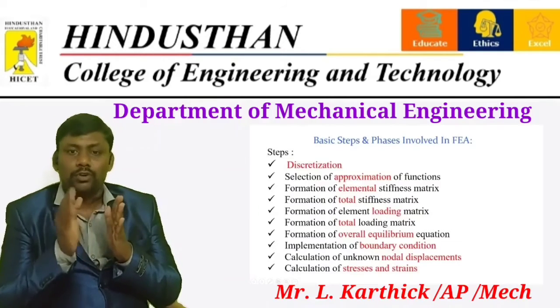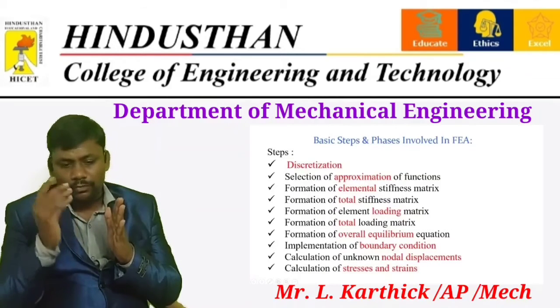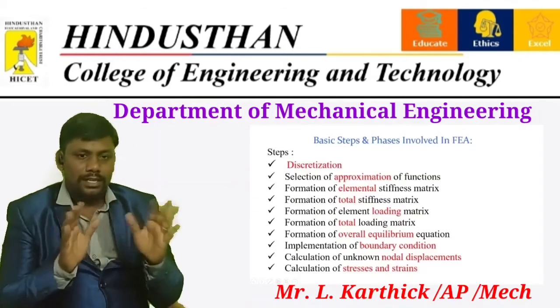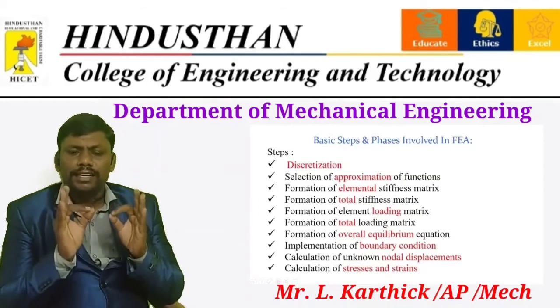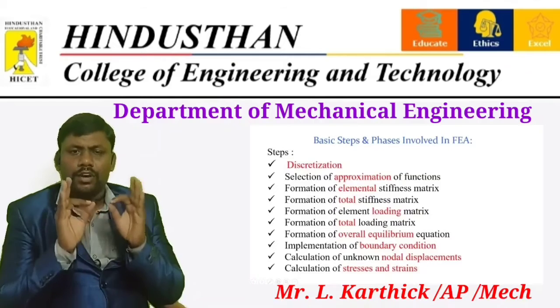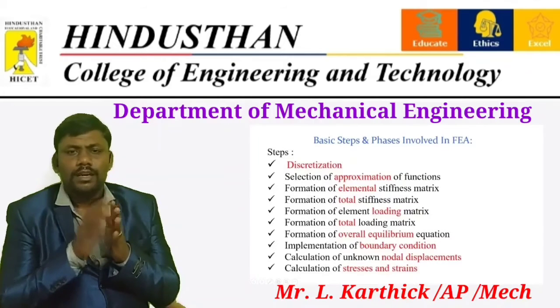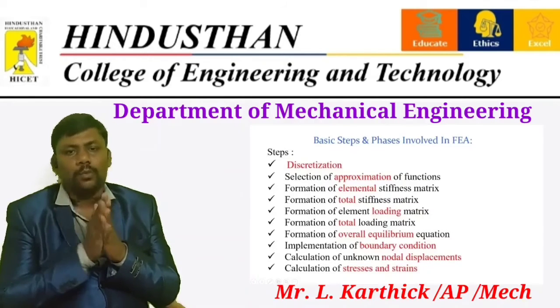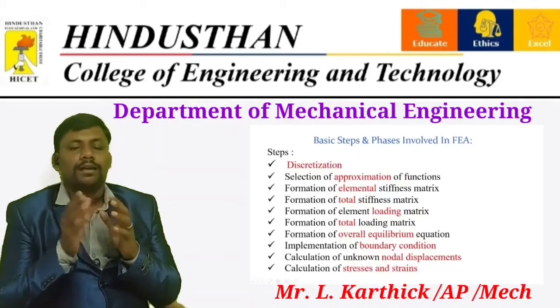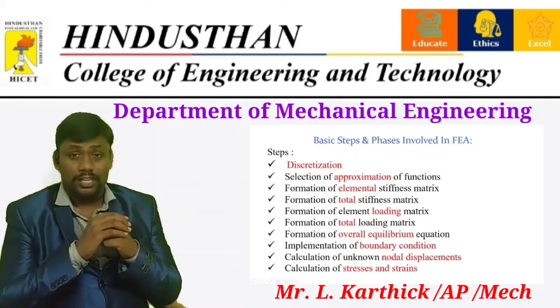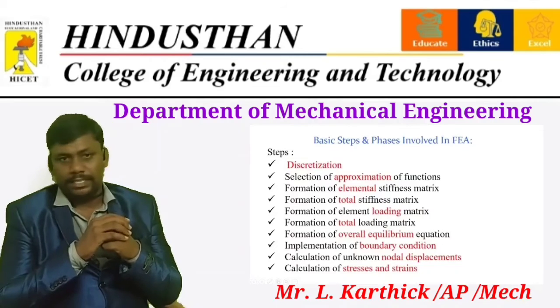So formation of the total stiffness matrix is the fourth step. Once that is over, the general finite element equation is F equal to K into U. Here F is force, K is the stiffness of the structure, and U is the displacement.